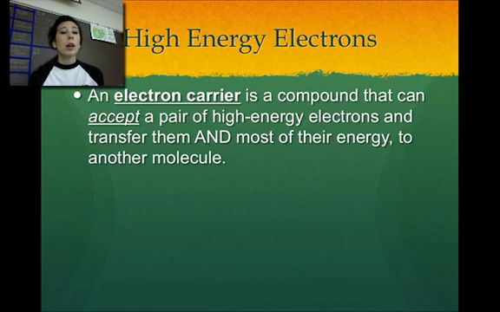It's just a chemical compound, and it can take those electrons and store them within its chemical composition. It will accept a pair of high energy electrons to put them inside of a bond, and then transfer that energy to another molecule. And that's really what happens in photosynthesis. So we're taking sunlight energy, turning it into a form of chemical energy, which at the end is basically glucose.